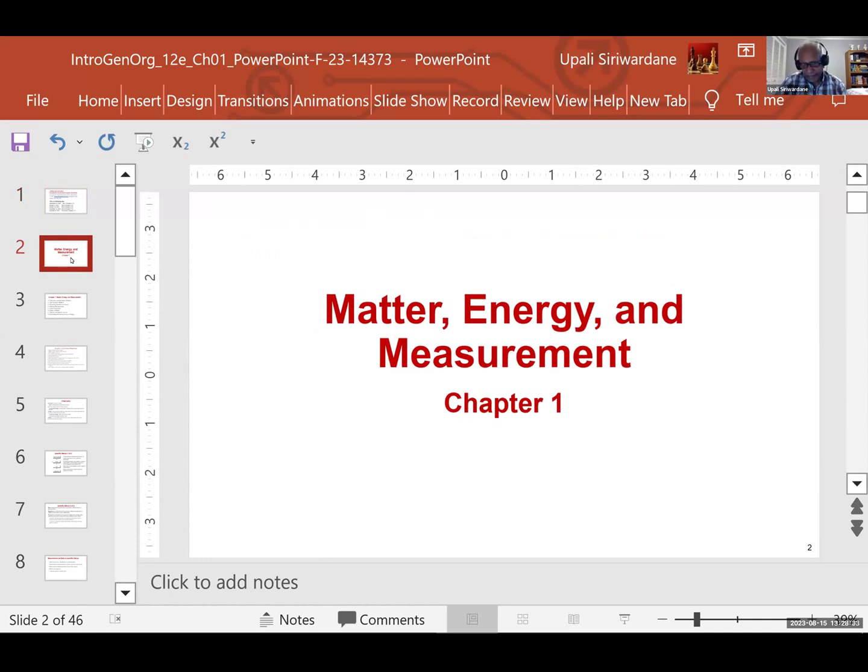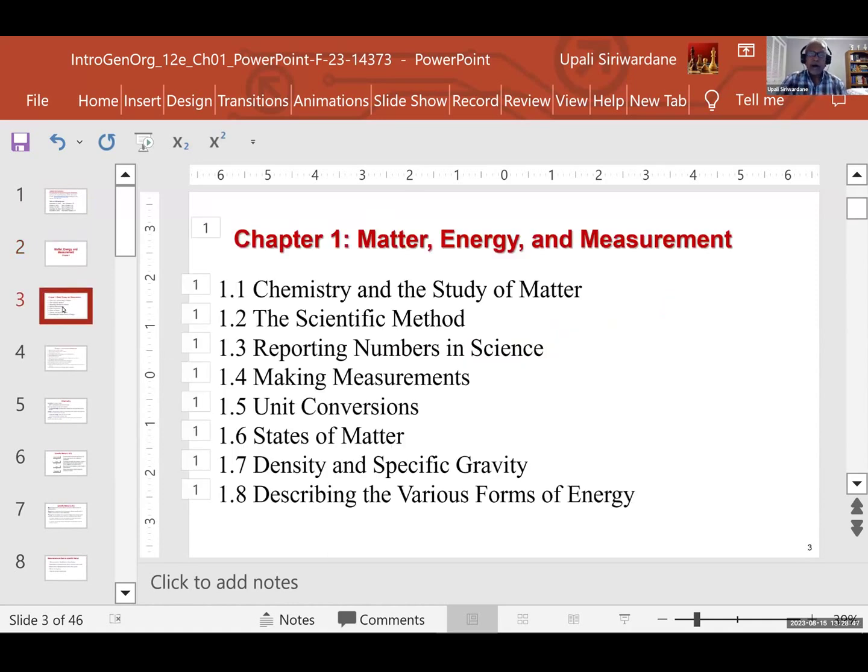Here is the title of Chapter 1: Matter, Energy, and Measurement. We're going to describe what chemistry is and how it relates to the study of matter, with respect to chemical and physical changes of matter.